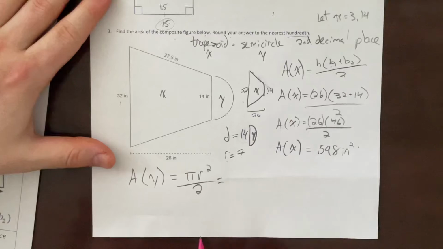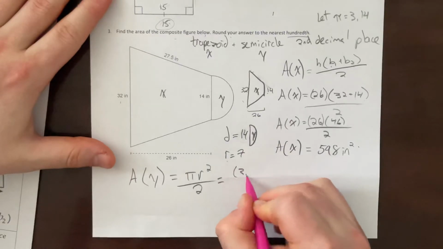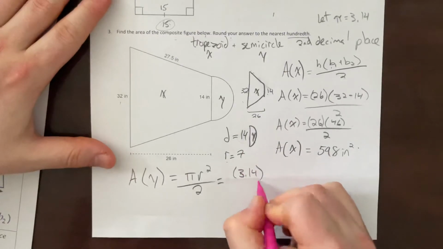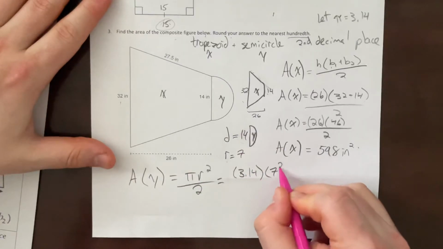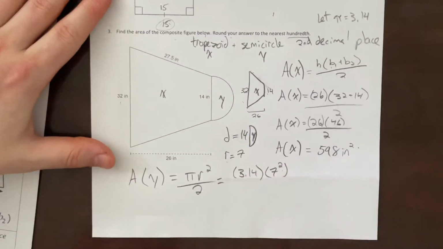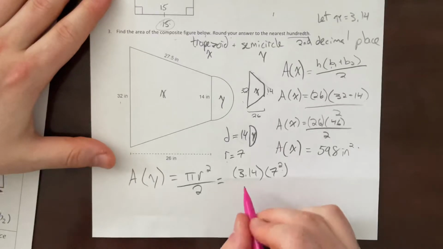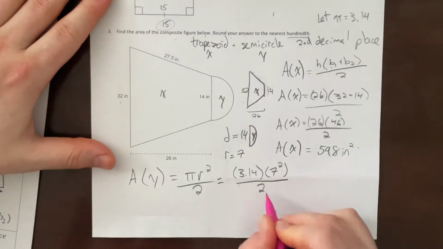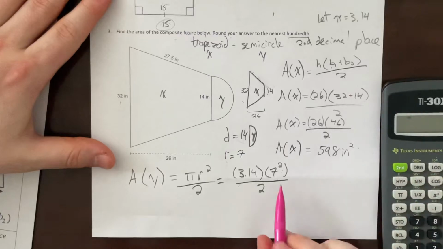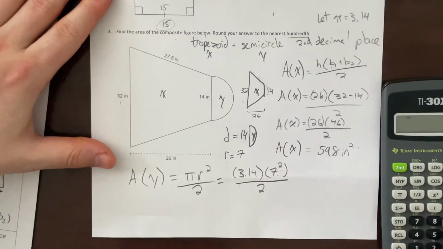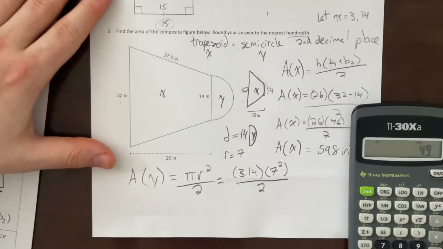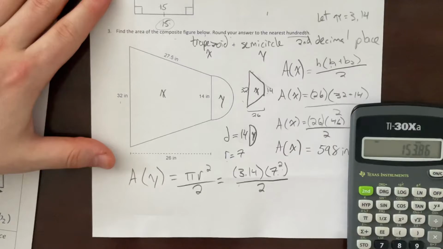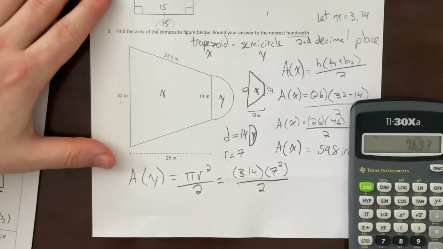Plug in those values for those variables, and so I'm going to say 3.14, and then r squared, which is 7 times itself, let's call it the exponent inside that parenthesis, that way we know we're good. So let's do it like this. 7 times 7 is 49. We have 49 times 3.14, and divided by 2.